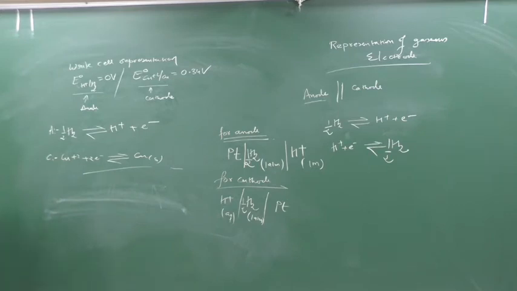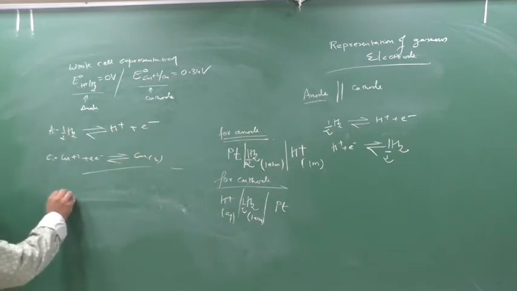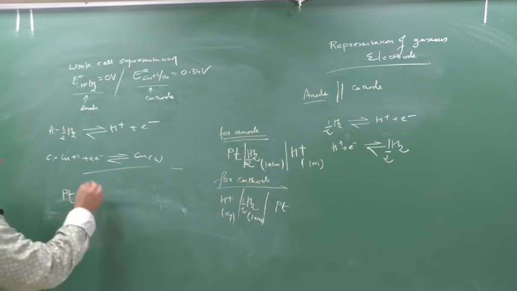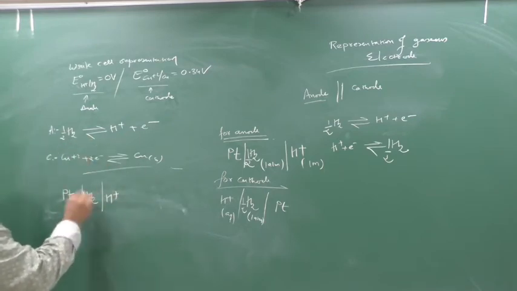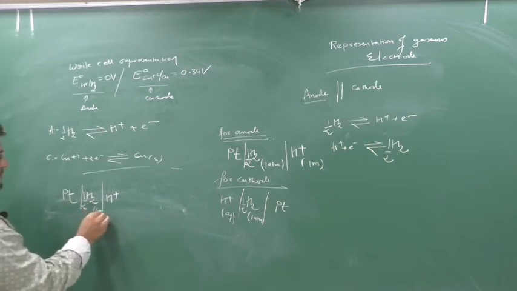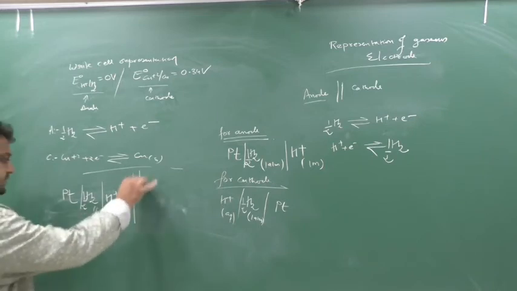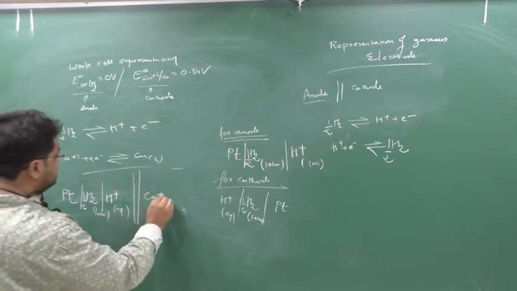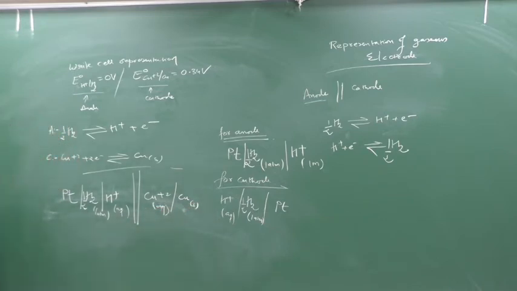For writing the gaseous electrode, first I have to maintain the inert electrode. If it is not given, you have to maintain it. So first I write Pt, and it is always Pt, not an issue. Then hydrogen, H plus. Since it is a gas, a certain pressure will be there. Now this is in solution, so a certain molarity will be there. Salt bridge, Cu plus 2, as it is, as you wrote in the previous slide, with a certain molarity. So this is my cell representation of the hydrogen electrode as anode.